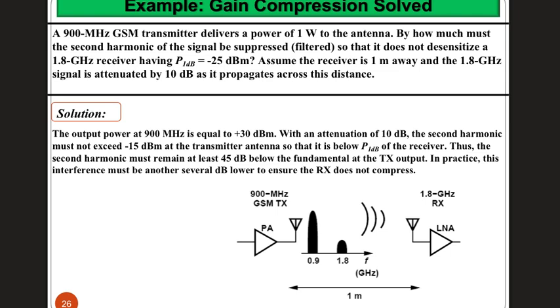This means the second harmonic must be 45 dB smaller than the fundamental, so that you make sure it's minus 15, because you know that the fundamental is 30 from the input of the problem. Okay.